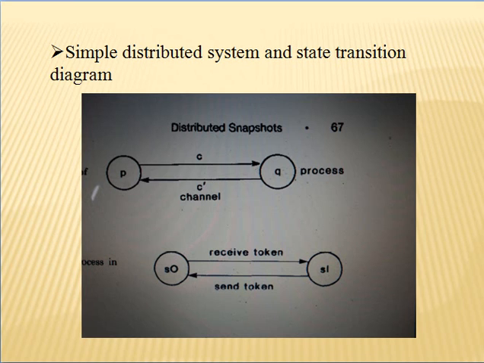Each process has two events: a transition from S1 to S0 with the sending of the token, and a transition from S0 to S1 with the receipt of the token. This is the state transition diagram showing how the state changes.